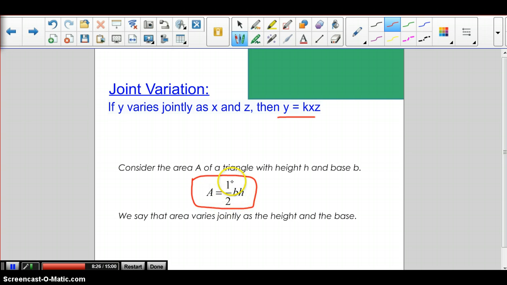So our 1/2 in this equation is representing our k. And we're saying here that our area varies jointly as base and height. Okay? So that's just one place we've seen this before that you didn't even realize you already knew.